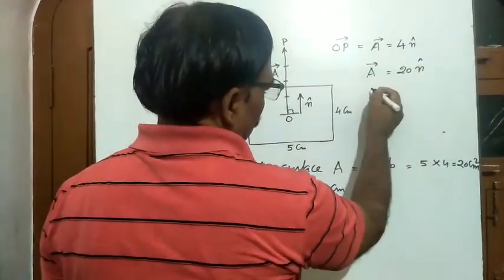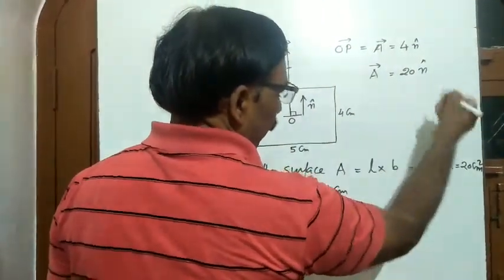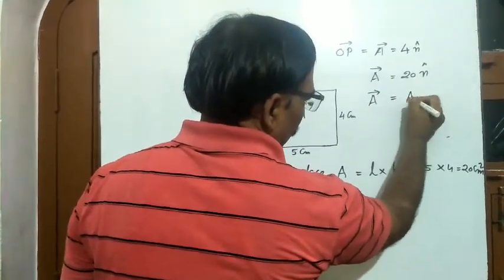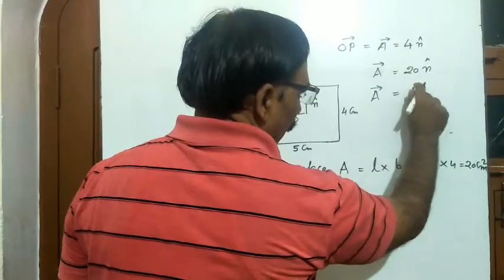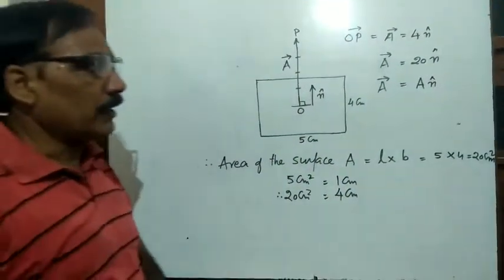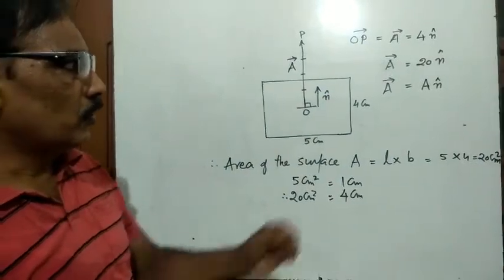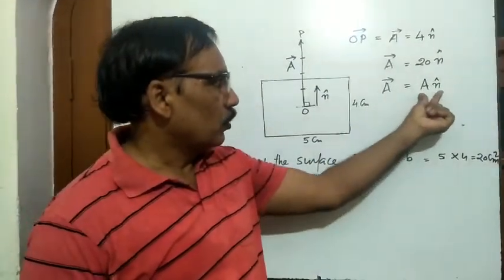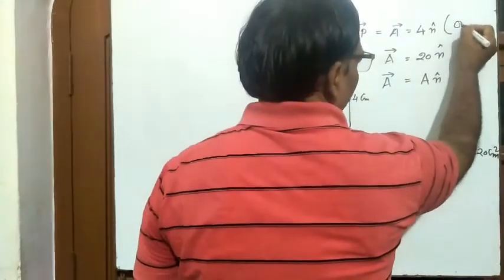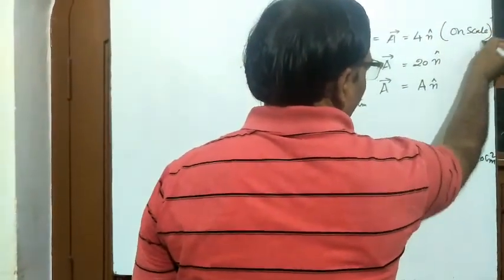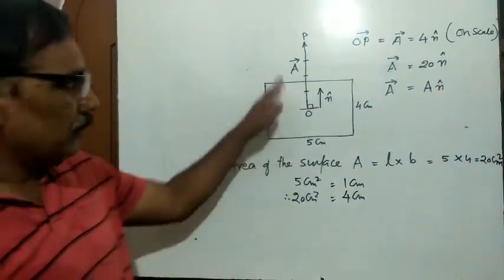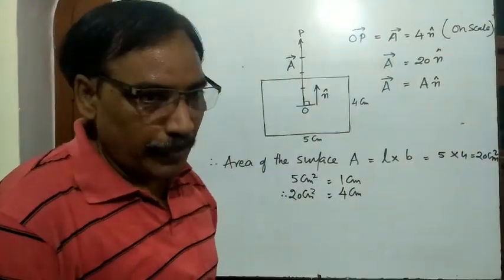And if the area is represented by A, then vector A will be equal to area A, and its direction is in the direction of unit vector n. So it will be vector A is equal to 4 n cap. This is on scale, and this is directly without using the scale. You can represent this as 20 n cap.